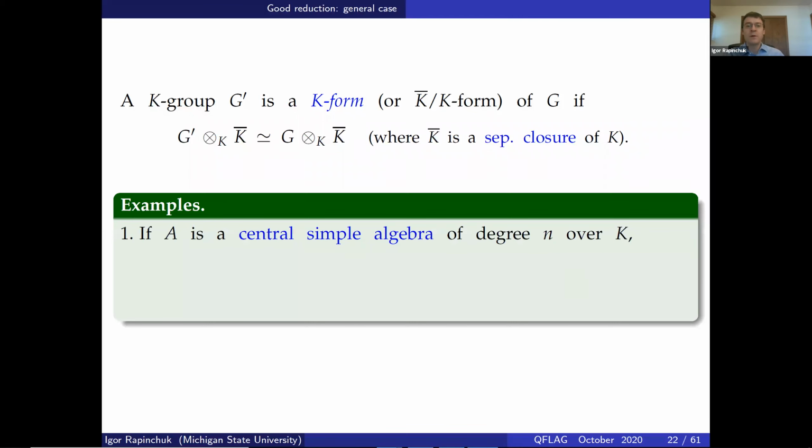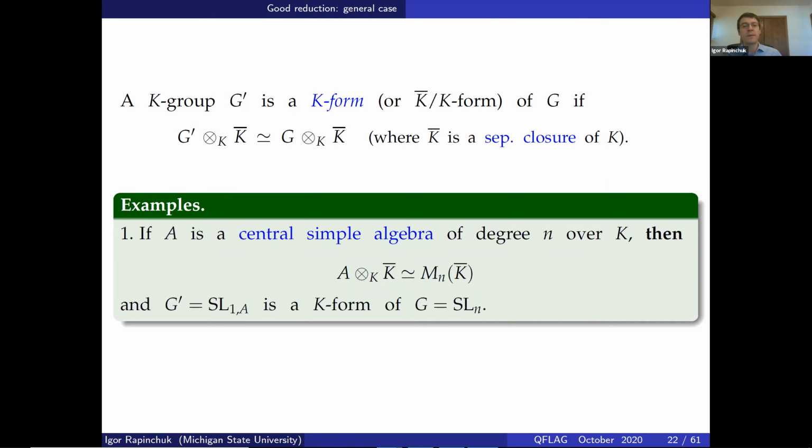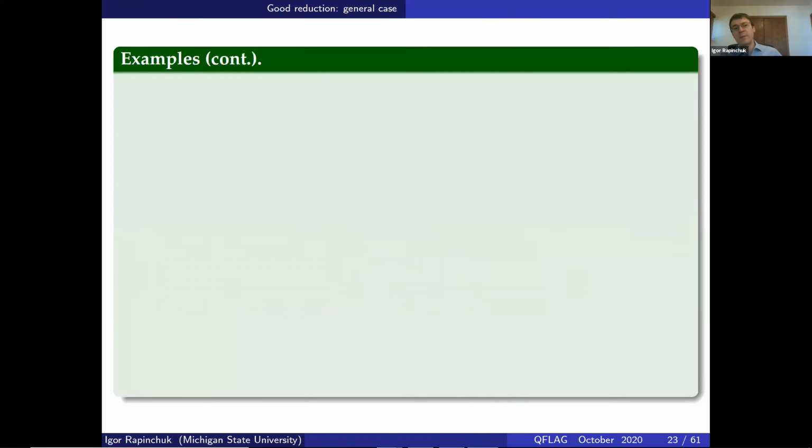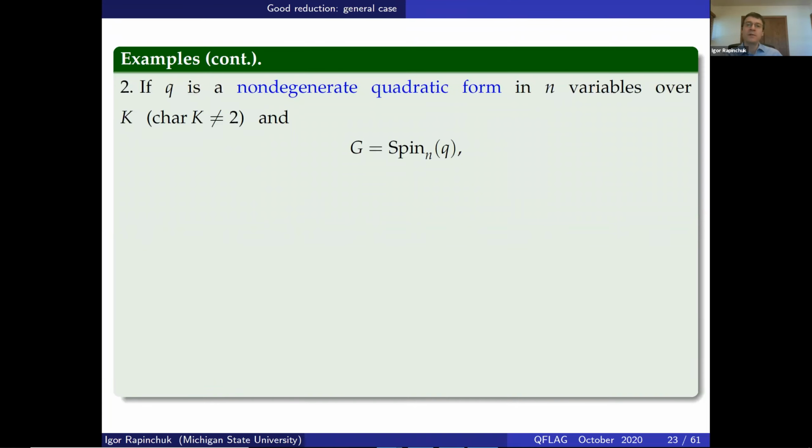And just a couple of well-known examples. If A is a central simple algebra of degree n over K, then over the separable closure, our algebra is simply the matrix algebra. And hence the group SL_1(A) that we had in the previous example is a K-form of SL_n. Another example: let's return to spinor groups.